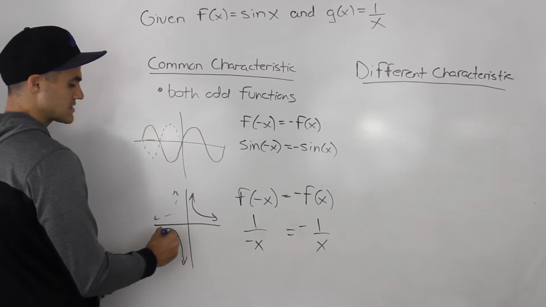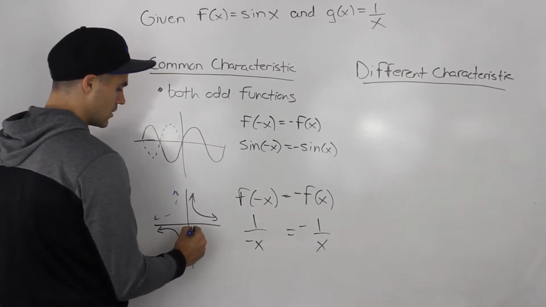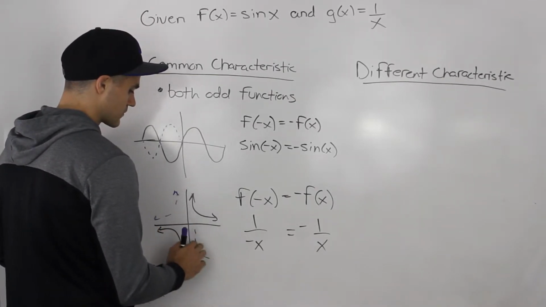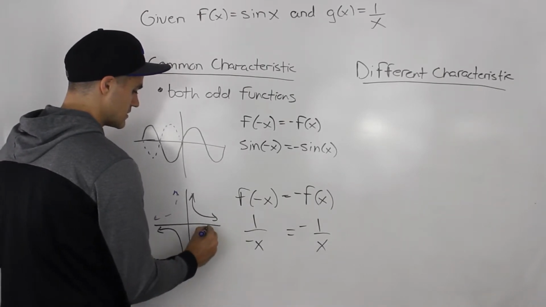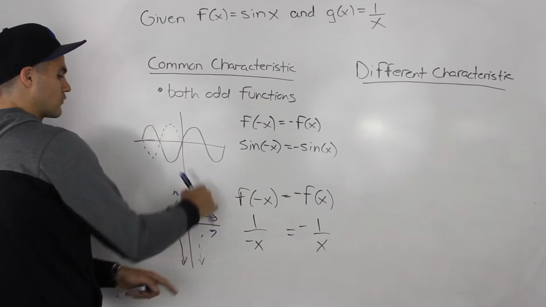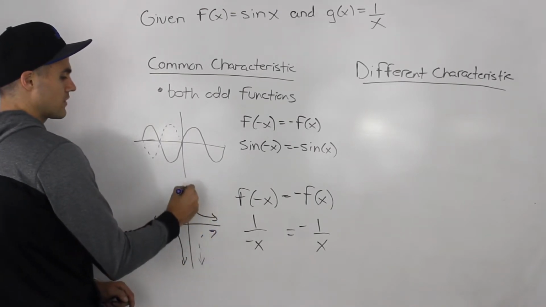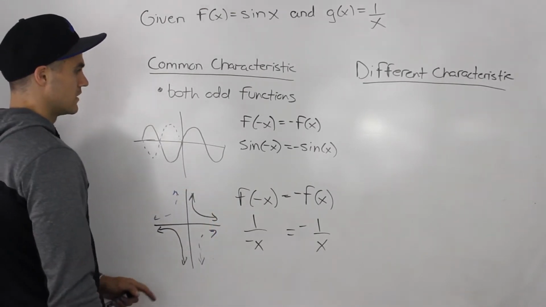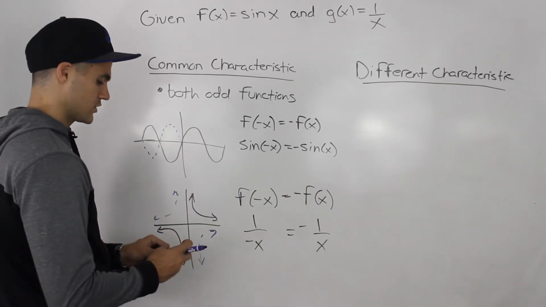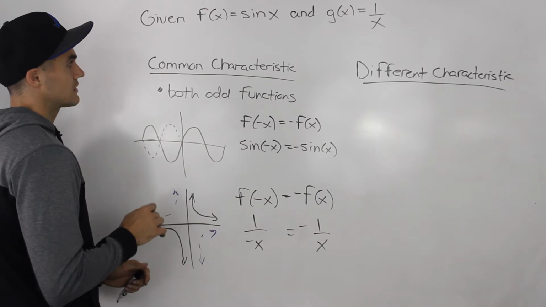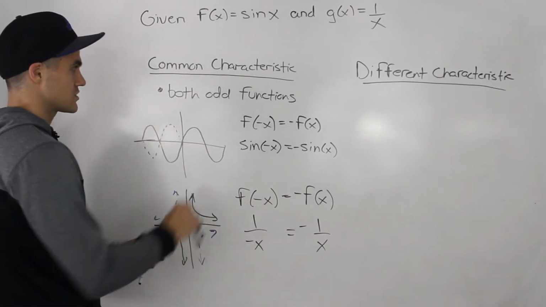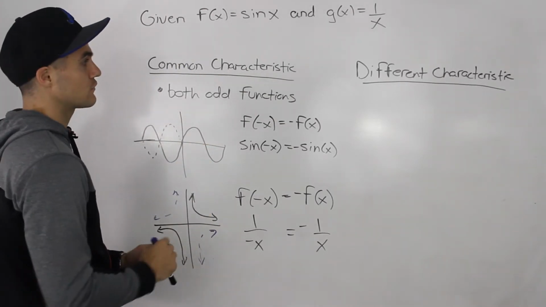If we reflect this over the y-axis, we would end up having this. Then if we reflect that over the x-axis, we would end up with this portion of the graph. So both of these are odd functions, and that's actually, I believe, the only characteristic that both of these functions share. So this one was a little tougher than this one.